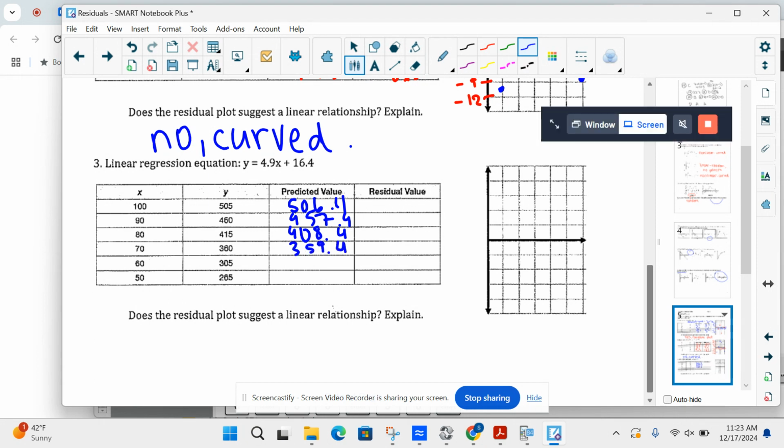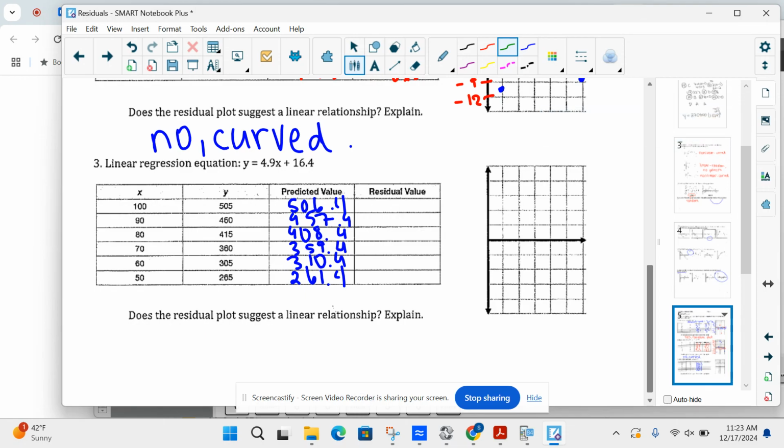Are these numbers you guys are getting? 310.4 to 261.4. All right, and then if you subtract, your residuals would be negative 1.4. Honestly, you could do this without a calculator.